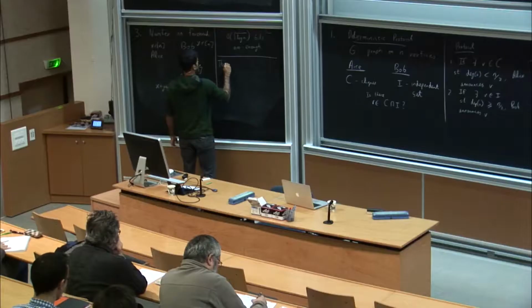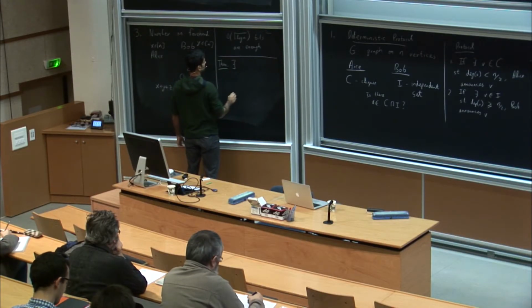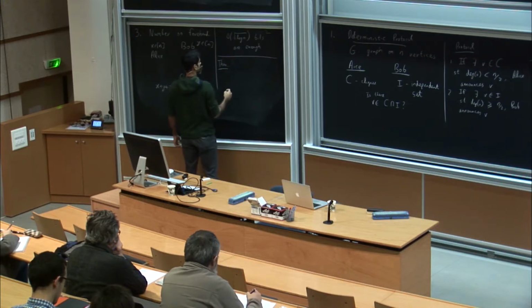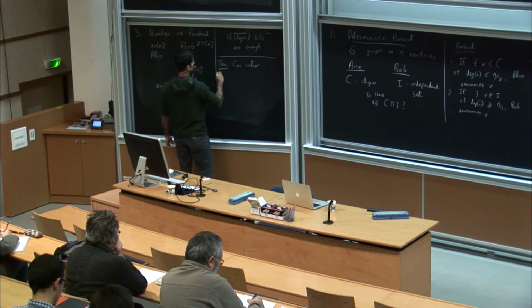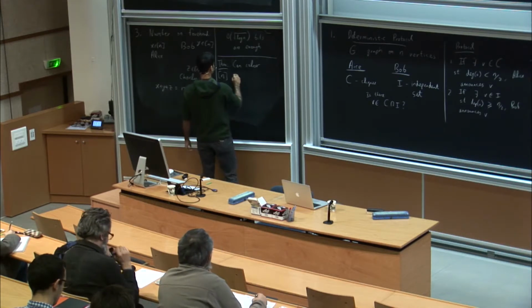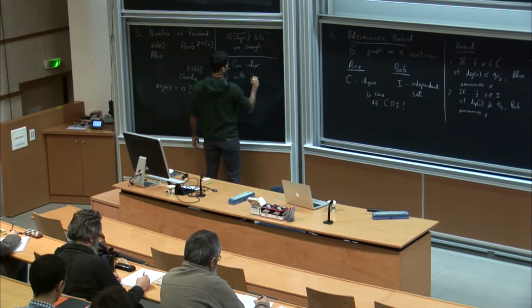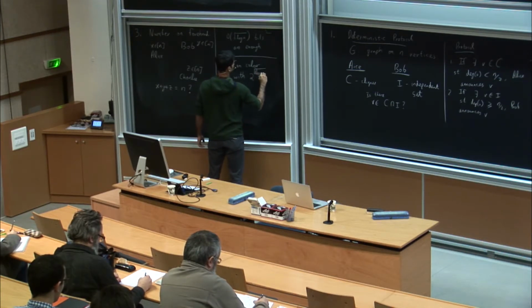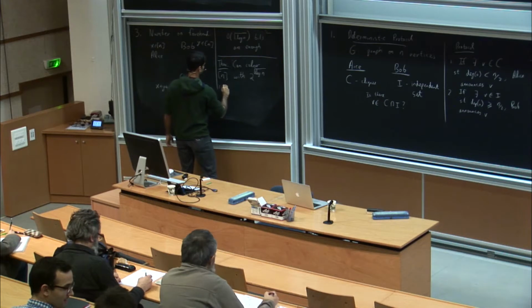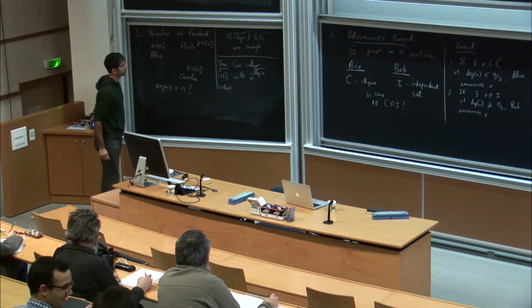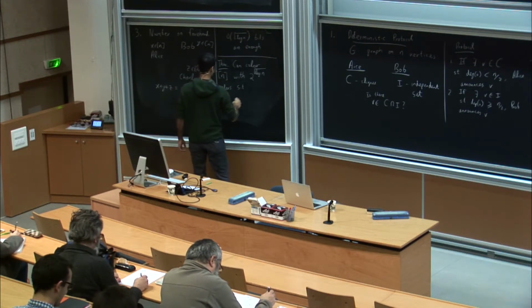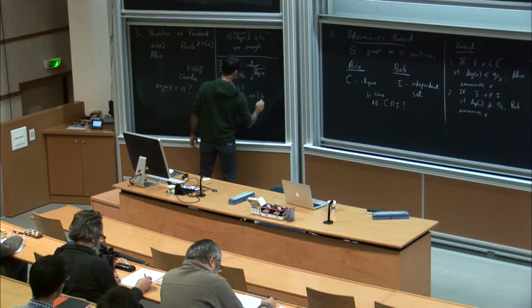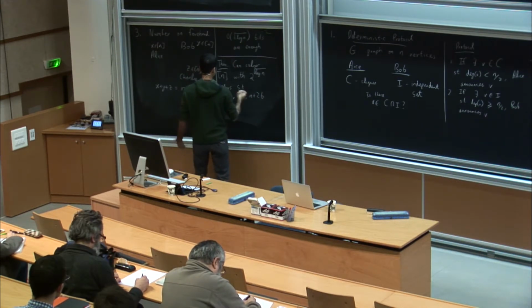So the theorem is, there's a set, actually I need something stronger, so you can color the set of numbers from 1 to n with 2 to the square root log n colors, such that for every arithmetic progression, so for every a, a plus b, a plus 2b, they're not monochromatic.